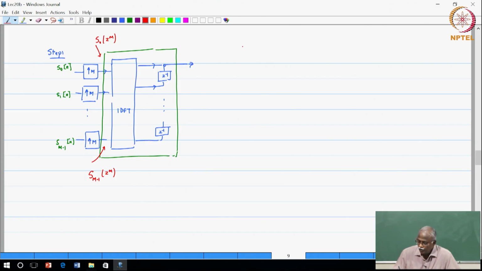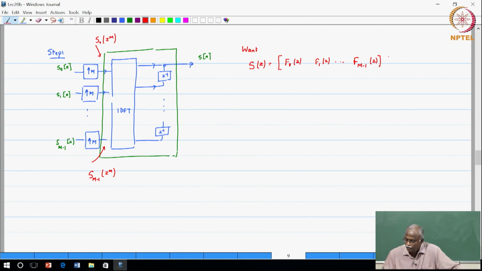If I call this S of n, we want S of Z to be a filtered version of these upsampled signals. So, it should be F naught of Z, F 1 of Z, F m minus 1 of Z multiplied by the column vector S naught of Z power m, S 1 Z power m, dot dot dot, S m minus 1 Z power m.